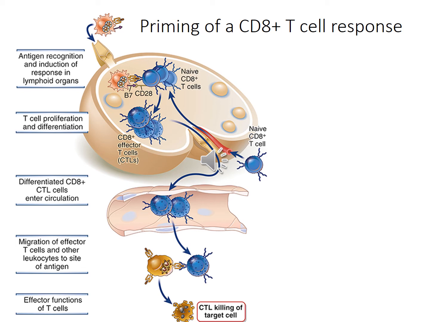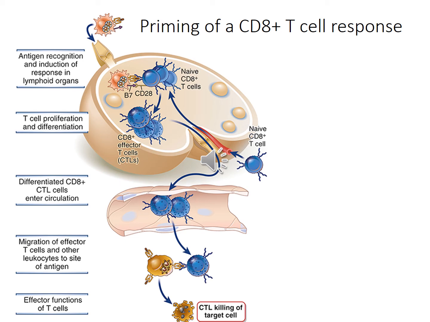T cell priming is initiated by antigen-presenting cells in the periphery taking up the antigen and then moving to the lymph nodes, the secondary lymphoid organs. There, the dendritic cell will encounter the naive CD8 T cells.